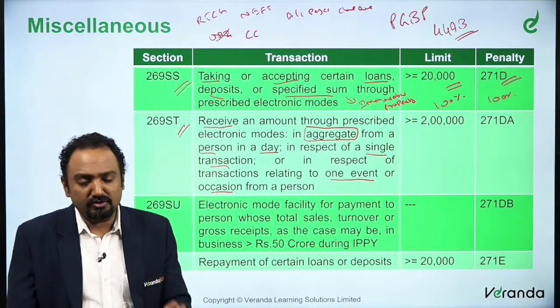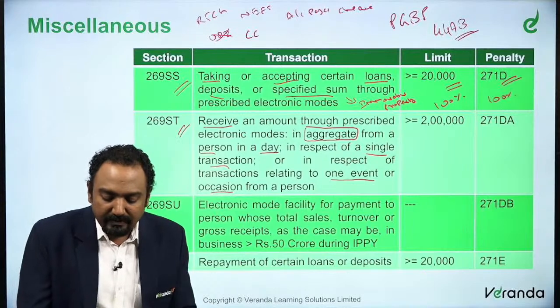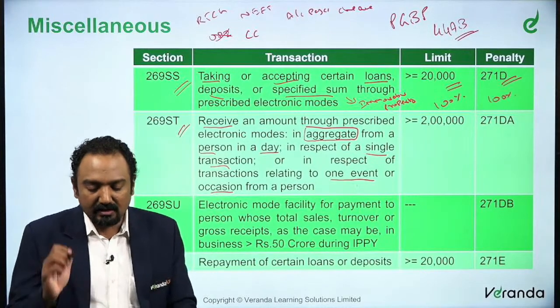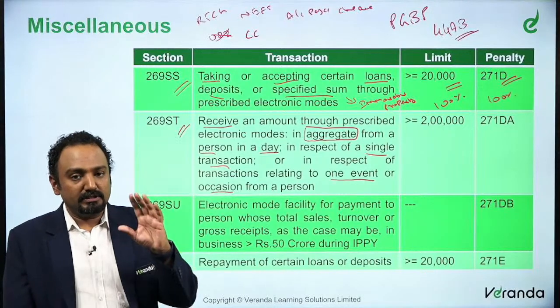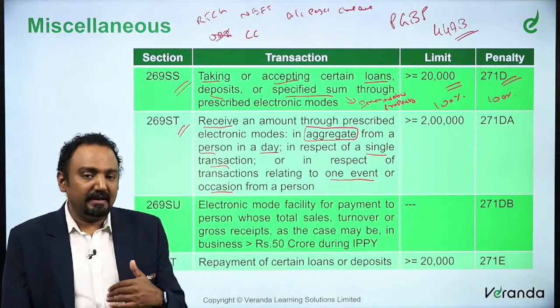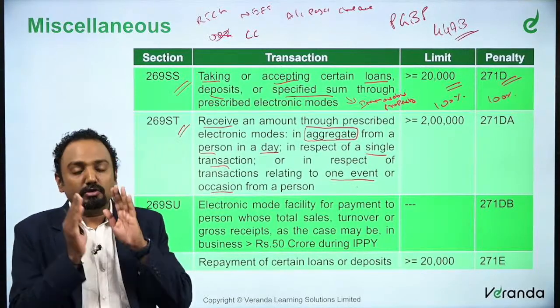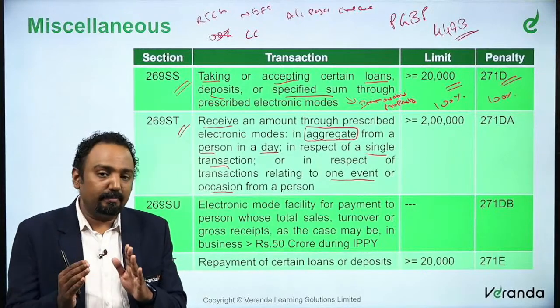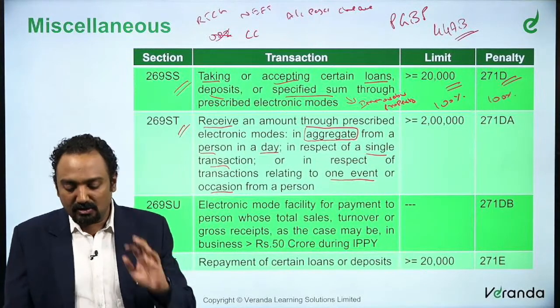So, these three: in a day from a person, a single transaction, and finally one event or occasion from a person. Let us say one bill is split up and paid over a period. That could be called one event. So, for that one event, if you are paying multiple payments where the total is more than 2 lakhs, then also it is disallowed.